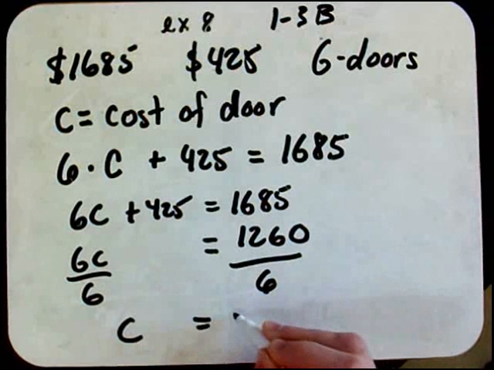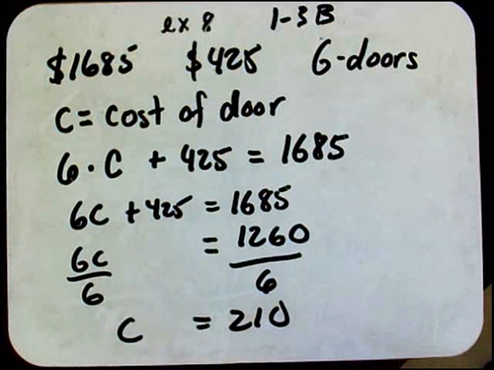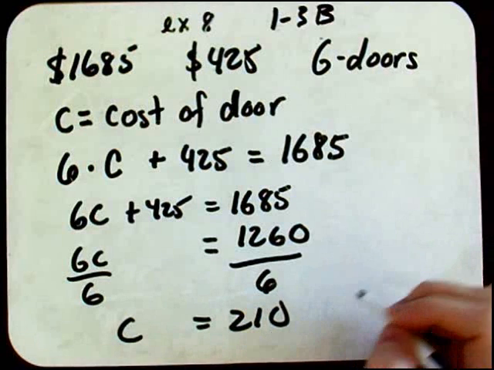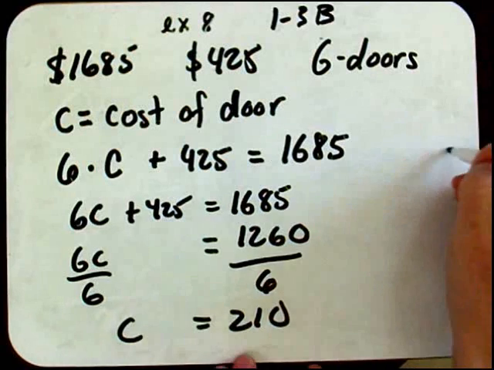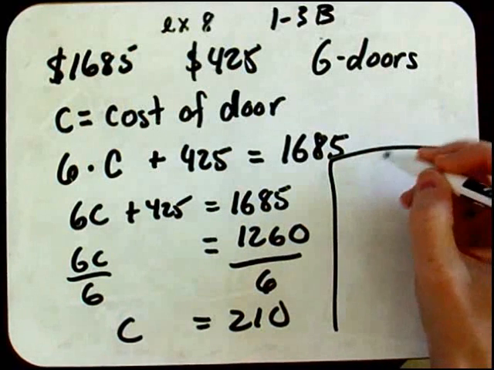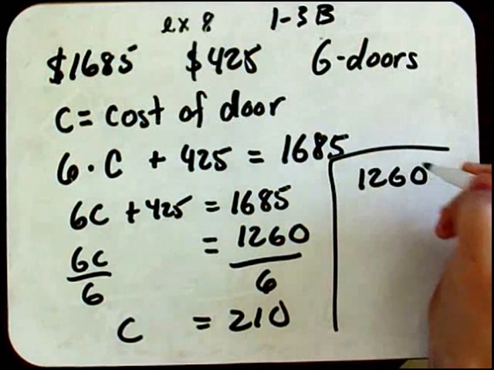C equals 210. So they can afford to spend $210 on each door. Okay, so when we examine this, the total cost to replace 6 doors at $210 is 6 times 210, or $1,260, which is what they're spending on the doors.